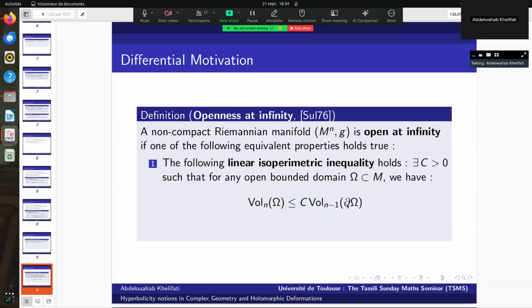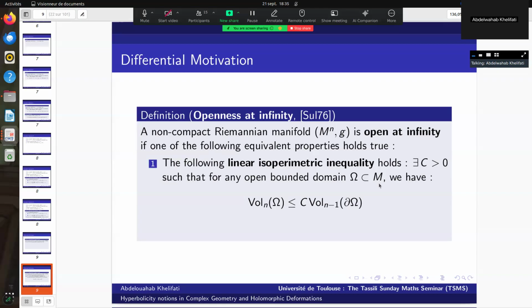Of course, the non-compact assumption is very important. As you may know, in complex geometry, compact means closed, no boundary, so obviously this is not satisfied in the compact case. A manifold which is open at infinity with this definition cannot be compact.